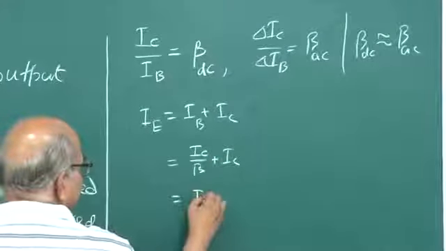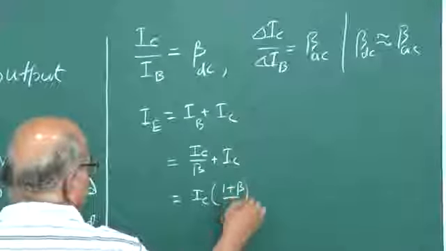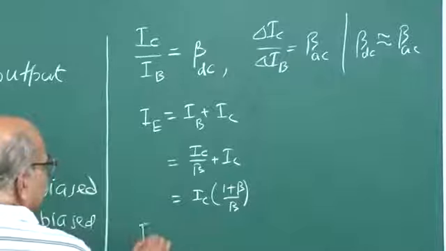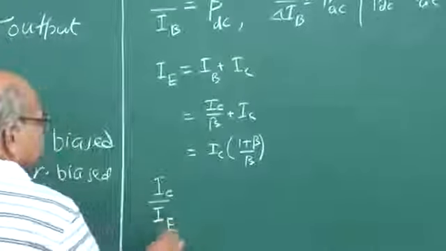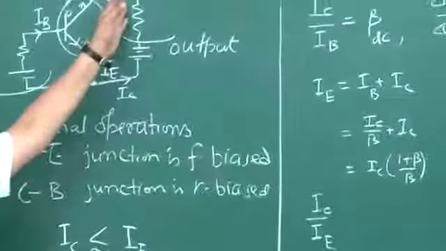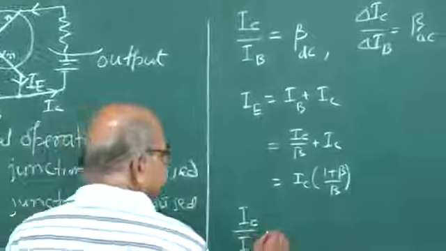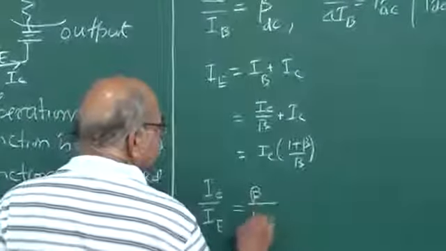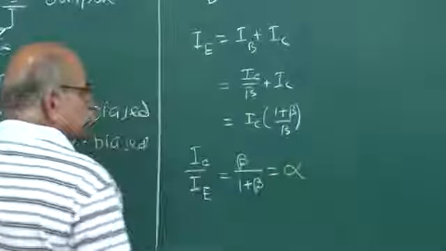So, it is IC common, 1 plus beta over beta, and hence you have IC over IE. Another useful parameter: what fraction of the emitter current is going through the collector part. So, that is this fraction. So, this fraction is beta over 1 plus beta, and this is known as alpha. This is written as alpha.